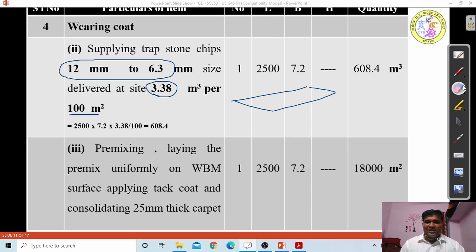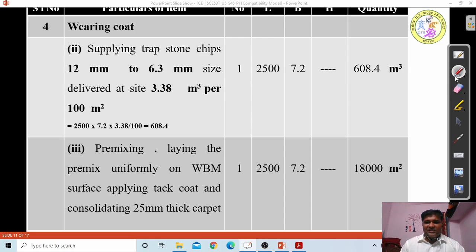So the total area of the road is 2500 into 7.2, multiplied by the usage factor 3.38 divided by 100, which gives 608.4. So 608.4 cubic meters of this 12 mm to 6.3 mm coarse aggregate is required to prepare the carpet for the road.